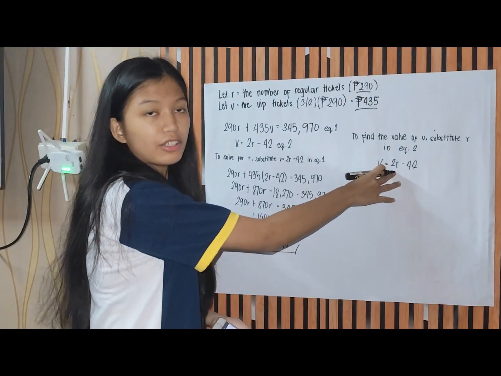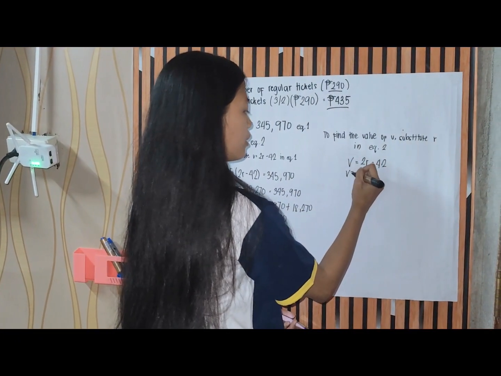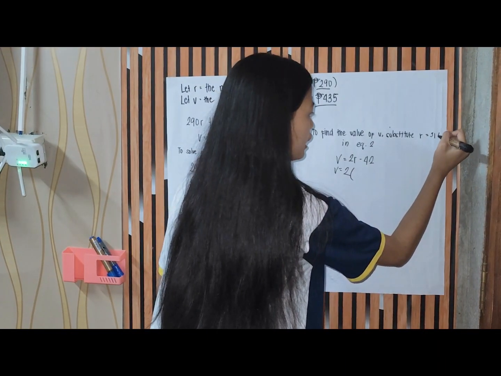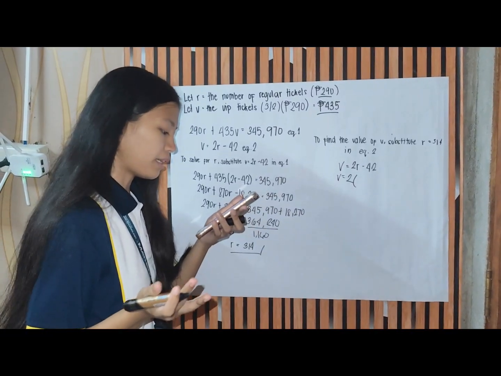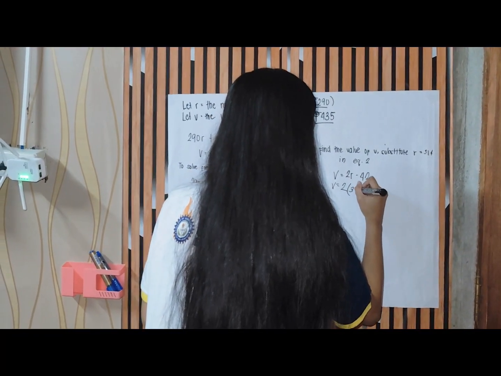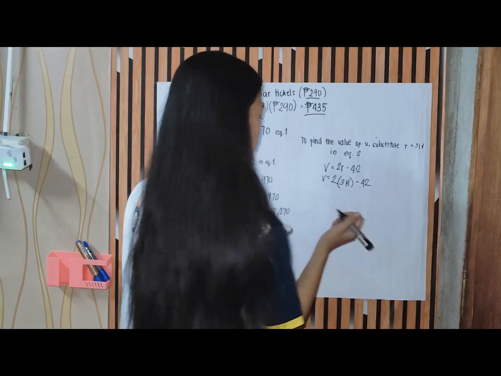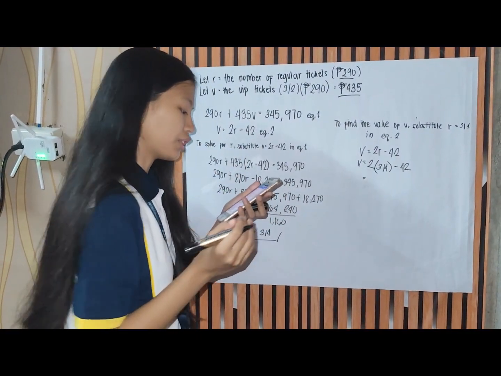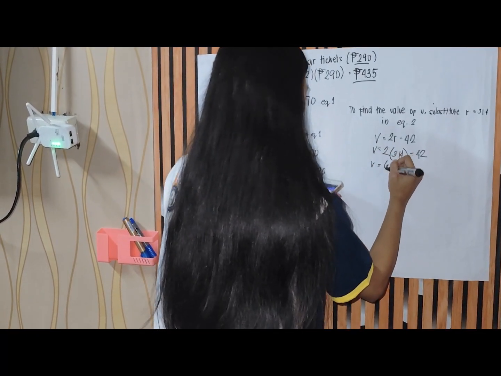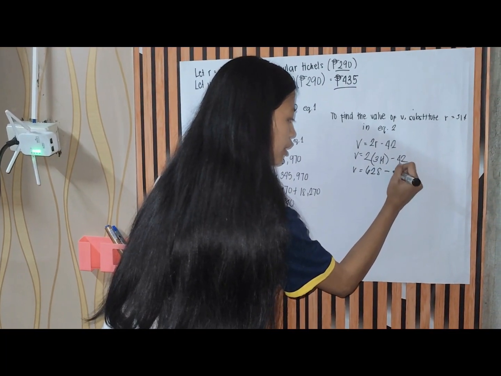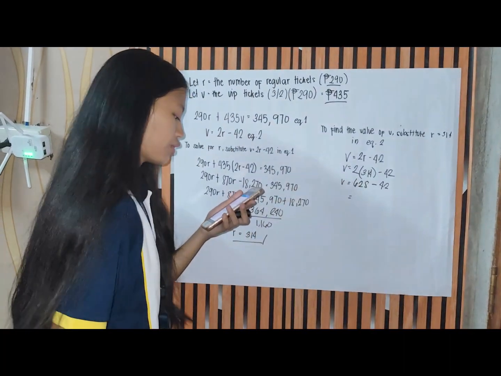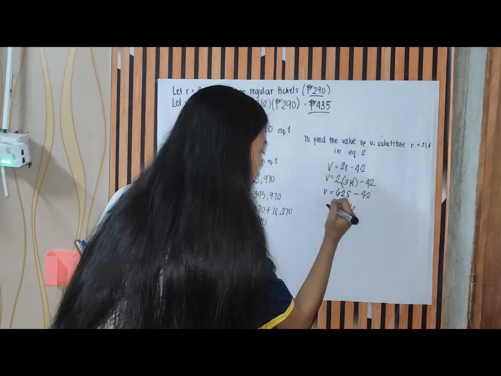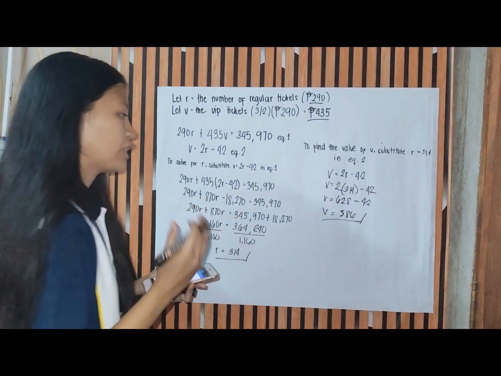Now we substitute the value of R. So B is equal to 2 multiplied by 314 minus 42. To simplify this further, 2 multiplied by 314 is equal to 628, minus 42. So 628 minus 42 is 586. So the value of B here is 586.